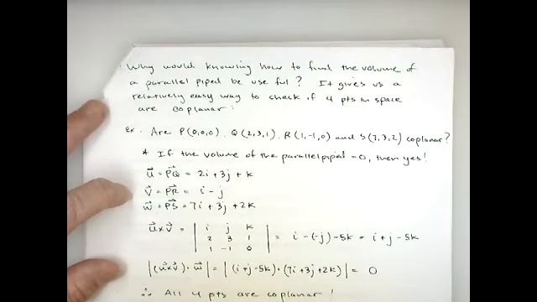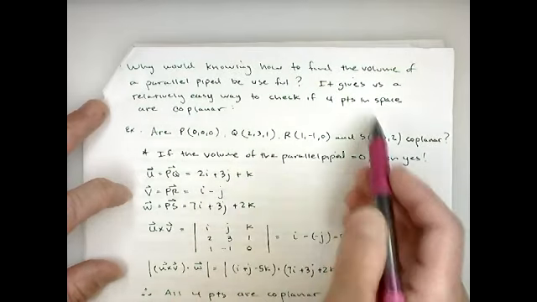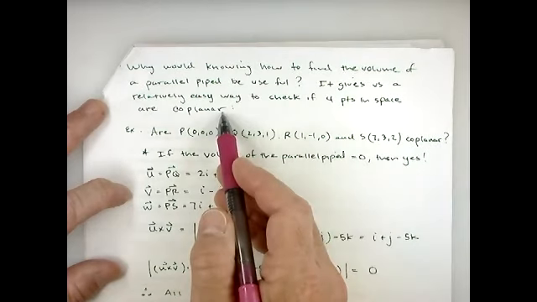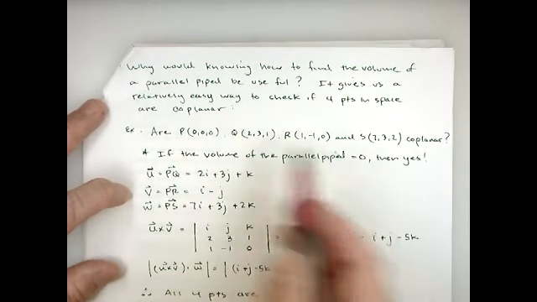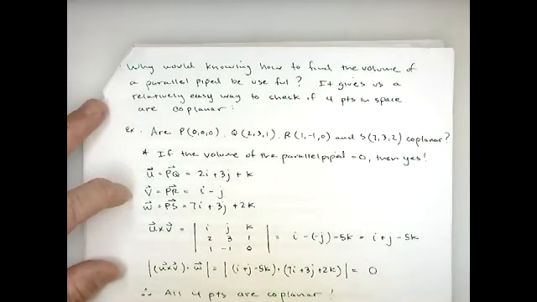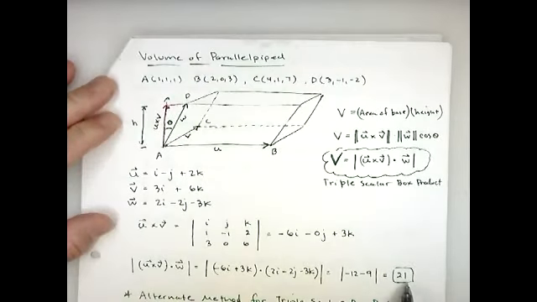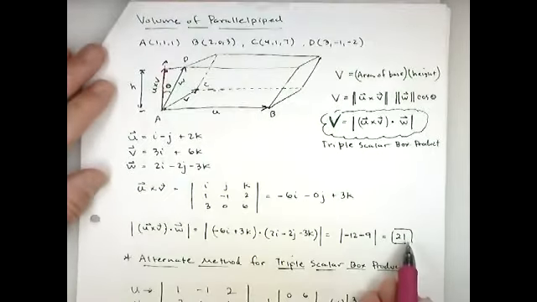Now, imagine trying to answer if 4 points in three-dimensional space are coplanar by graphing it. It's going to be really tough to visualize these 4 points in space if they really lie on the same plane, okay? But if you think about it, let me go back to my other picture. Okay, so we got a volume of our parallelepiped on the previous problem of 21, okay?